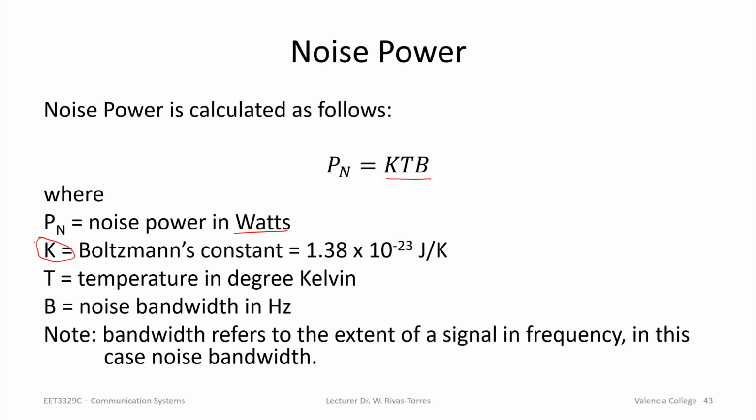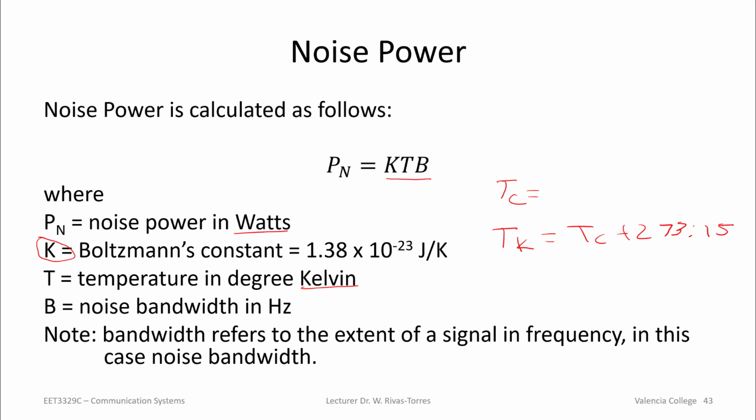Now, T here is temperature in degrees Kelvin. Notice that you have to put in degrees Kelvin. For example, if you know your temperature in Celsius and you want to calculate the temperature in Kelvin, you need to take your temperature in Celsius plus 273.15.